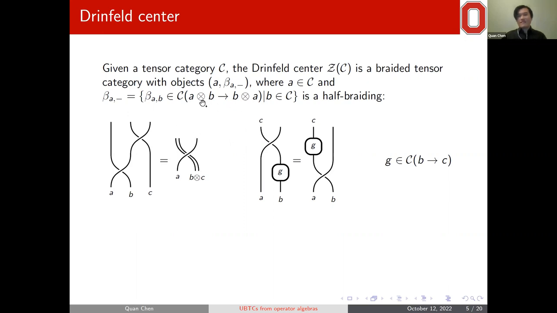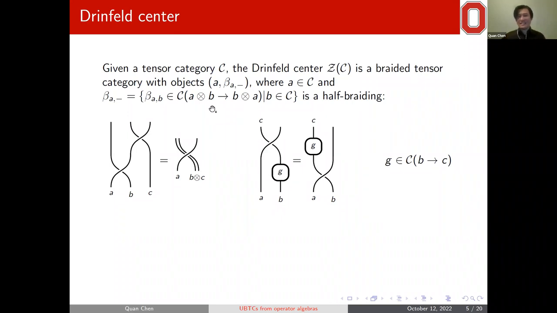Then, you see that we want to make A being the center. So we want A tensor B isomorphic to B tensor A by using this isomorphism. We want to make it commutative, but it turns out it's really highly non-commutative.